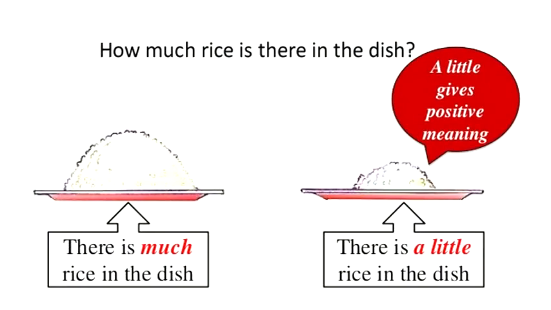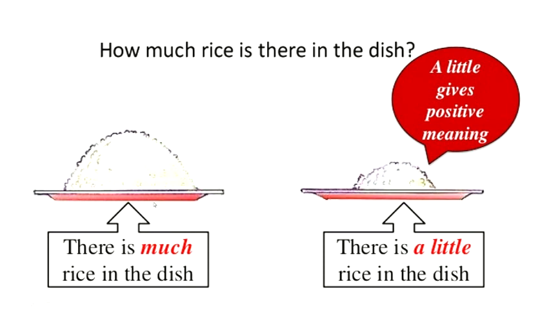Okay? Now these are very good pictorial representations to understand more about adjective of quantity. How much rice is there in the dish? Now we can see in one picture there is much rice in the dish. We cannot count the rice. It is an uncountable noun. But we can see it is more than the second picture.